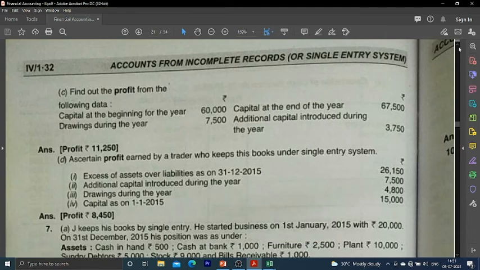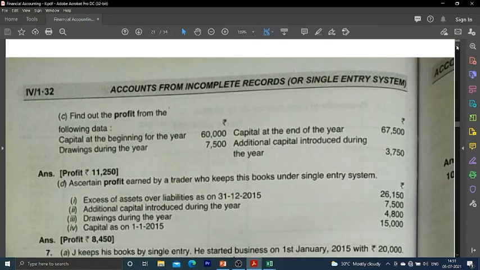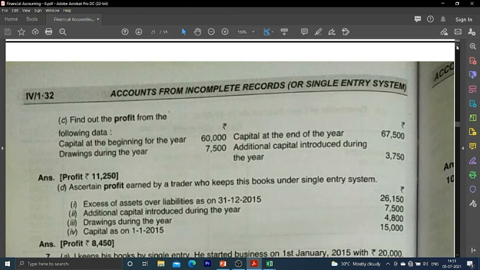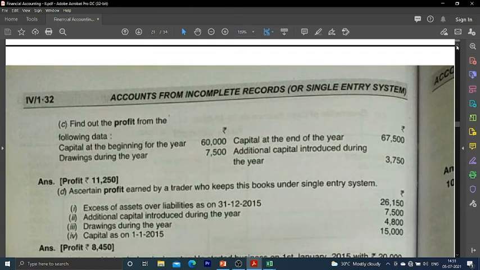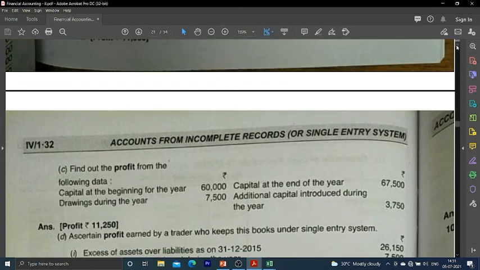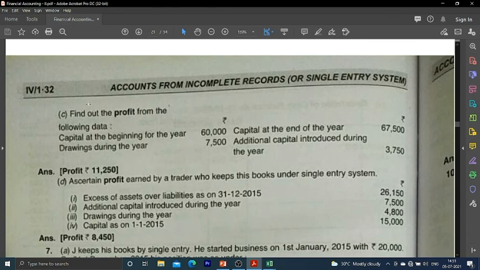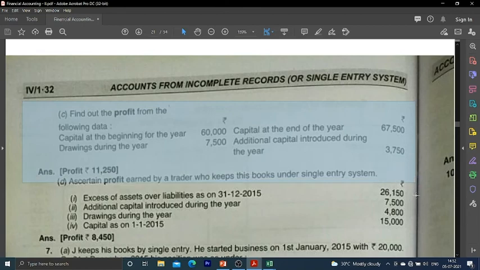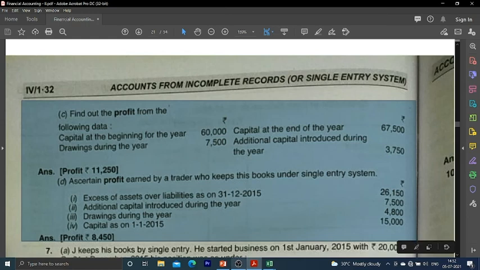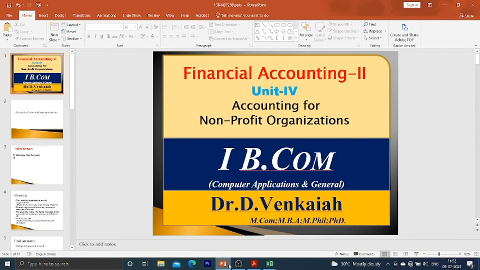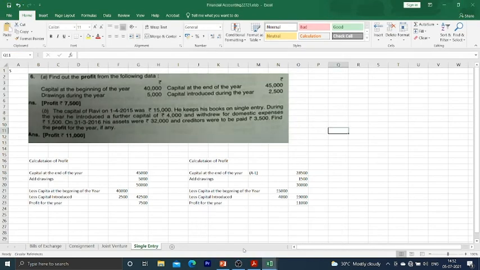The profit for the following data. Capital at the beginning of the year 60,000. Here we will do that.